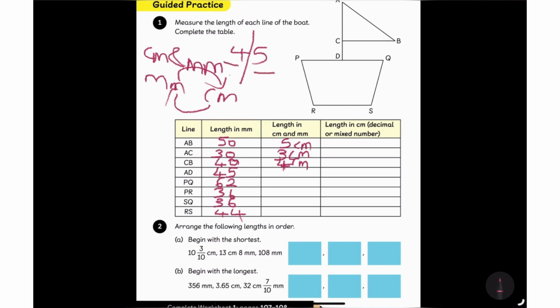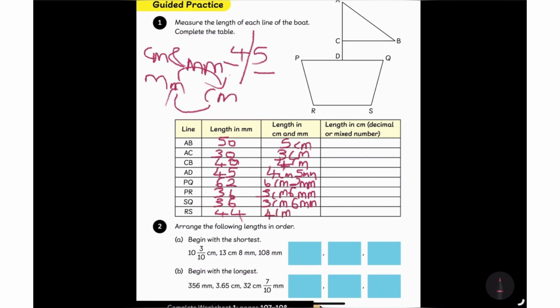So 6 centimeters and 2 millimeters. 36 will be 3 centimeters and 6 millimeters. Same goes for the next one. That is 3 centimeters and 6 millimeters. RS again is going to be 4 centimeters and 4 millimeters. It's very simple math if you know whether you want to multiply or divide, and you'll get your answer.